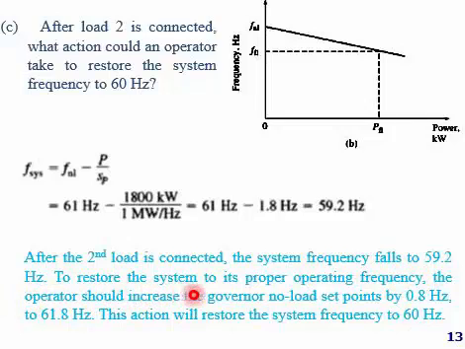To restore the system to its proper operating frequency, the operator should increase the governor no load set points by 0.8 Hz to 61.8 Hz, so that the resulting frequency would be 60 Hz after subtraction of 1.8 Hz.